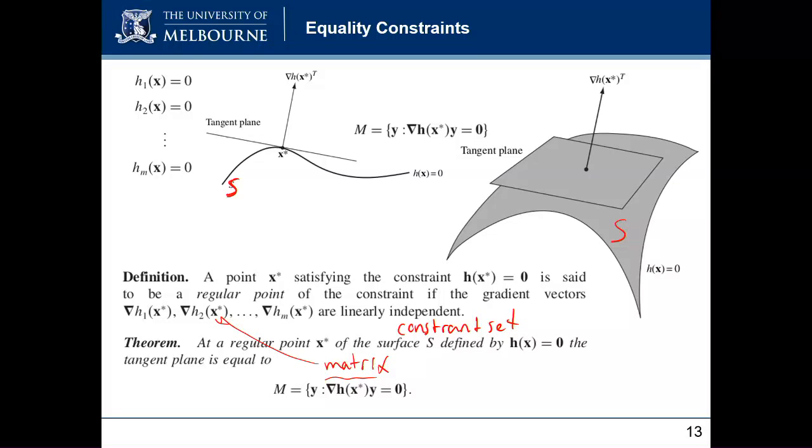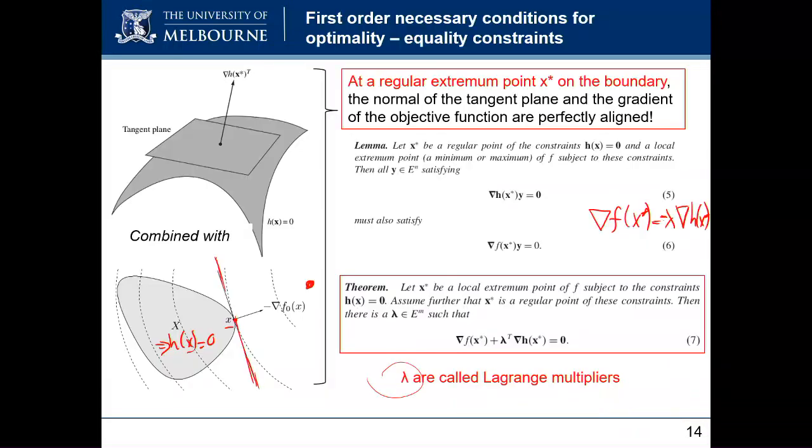This zero is a vector, so it would be the gradients of h1 to hm, transposed, times y1 to yn, equals 0, 0, 0. So that would be the right one. When you write it this way, this is a matrix, matrix times vector is a vector, and vector equals vector, then again the zero vector. Zero is bold here.